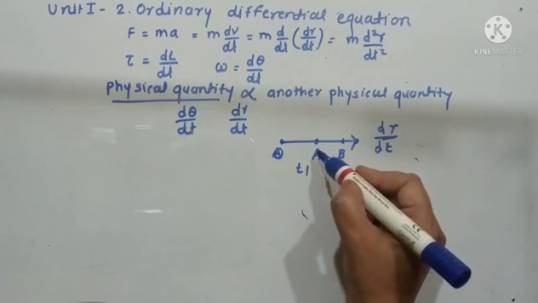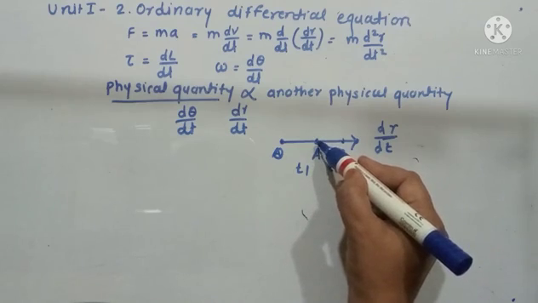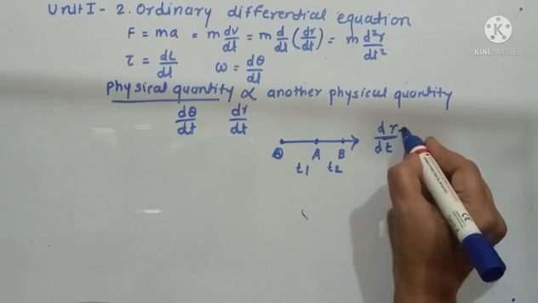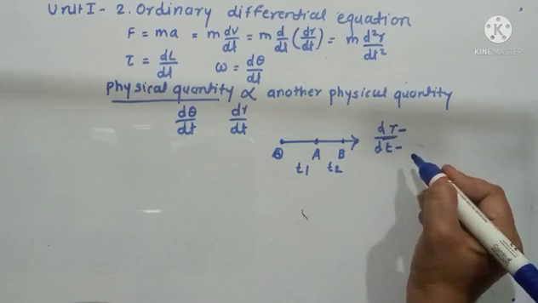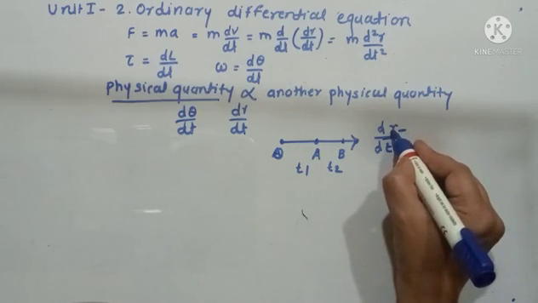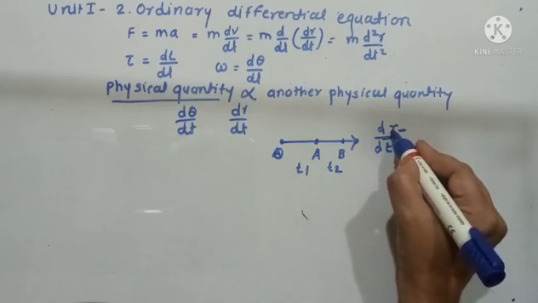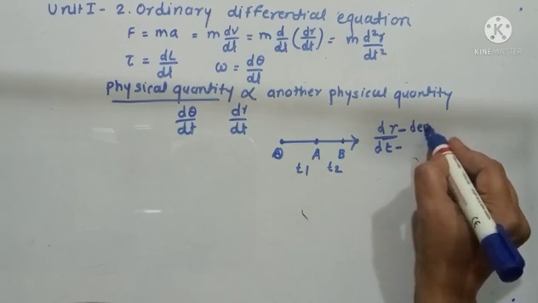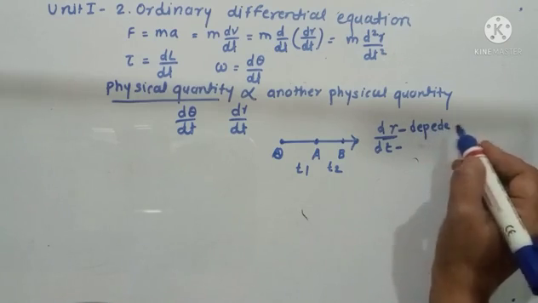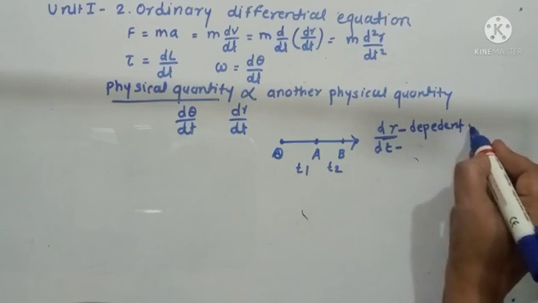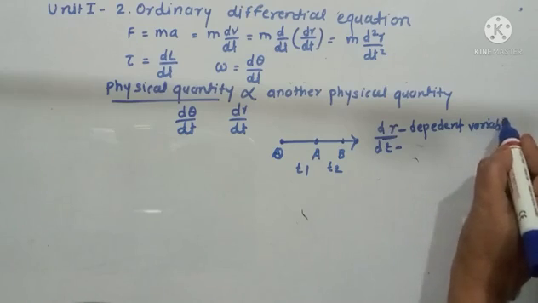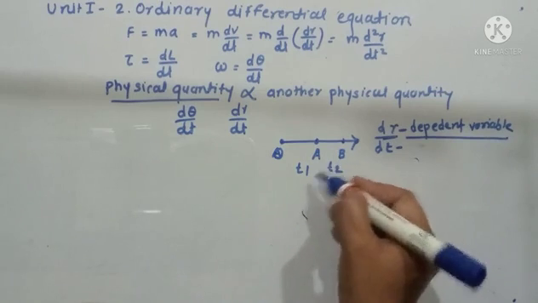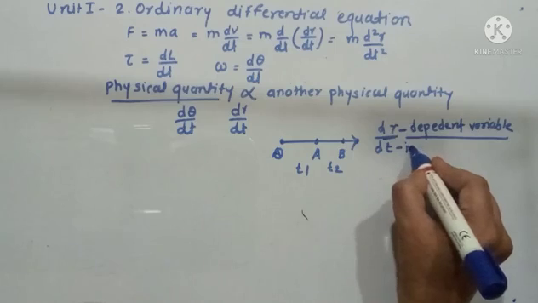Now we can see that this position of the particle is a function of the time. So this entity depends on this physical quantity, right? So the position vector or the position of the particle is called the dependent variable, and the time on which it depends is called the independent variable.